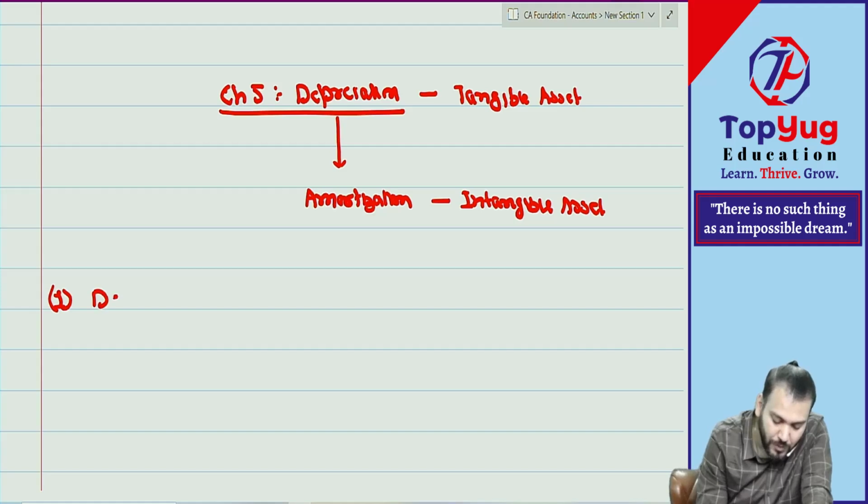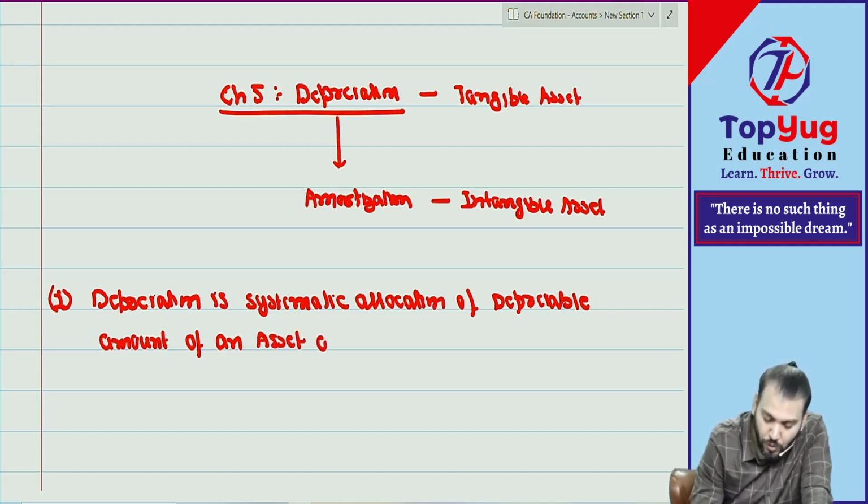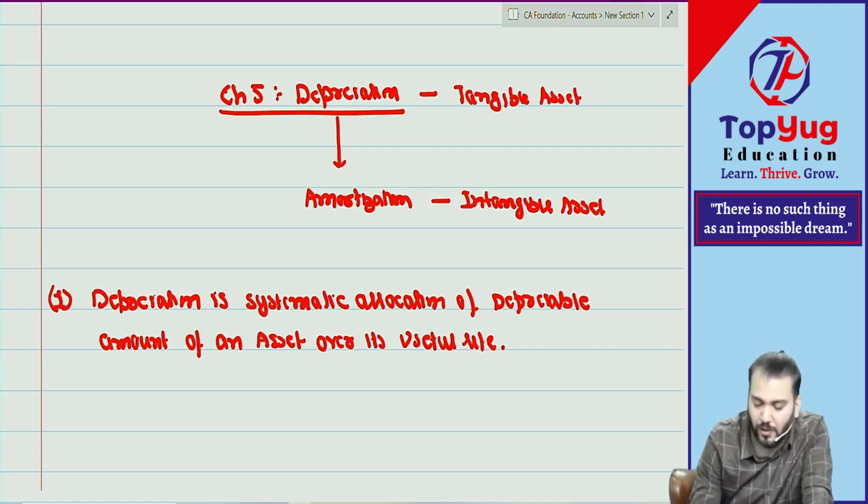Batao. Depreciation means what? Bolo. Depreciation is nothing but systematic allocation of the depreciable amount of an asset over its useful life.